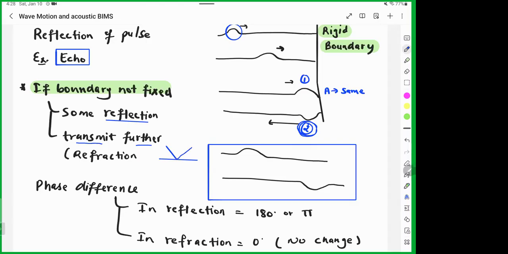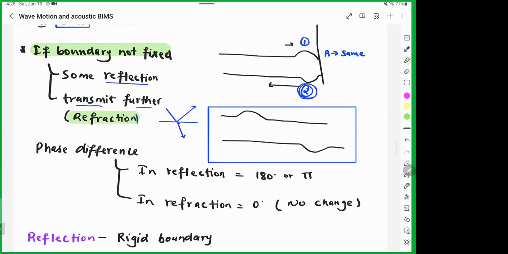A very small amount will reflect, and the rest will bend toward the normal. Correct? So some light will reflect, other light will refract. Same thing is happening here. Make sense? So sound waves are almost like light waves.